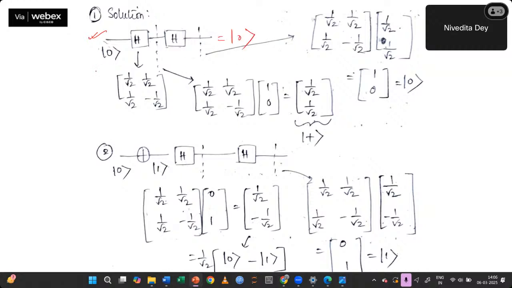Whatever you give as input, if you apply 2 Hadamard gates, you will be getting the same output. So 2 Hadamard, or H squared, is basically acting as an identity kind of thing. Okay, so 2 Hadamard together, when applied successively one after another, behave as an identity matrix, as if whatever was your initial input, after 2 Hadamard you will be getting the same out.